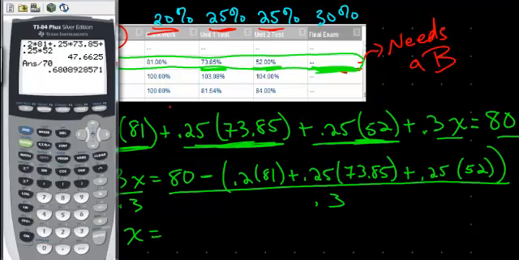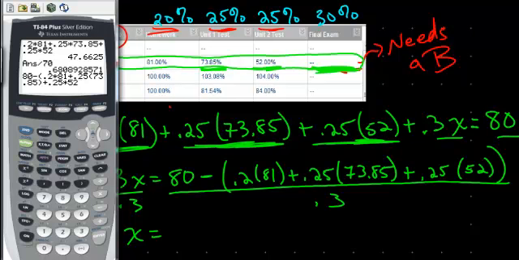So let's do this on the calculator. I get 80 minus 0.2 times 81 plus 0.25 times 73.85 plus 0.25 times 52.